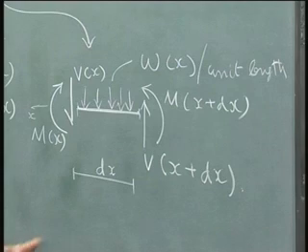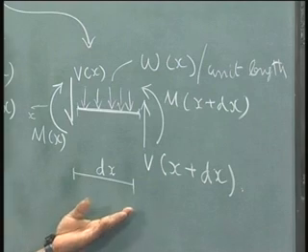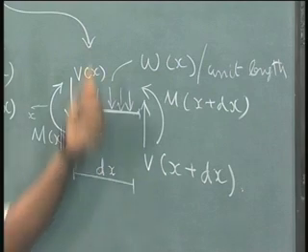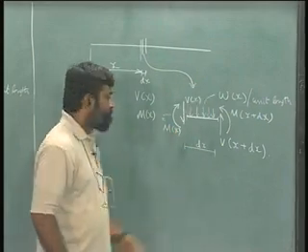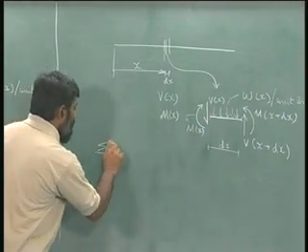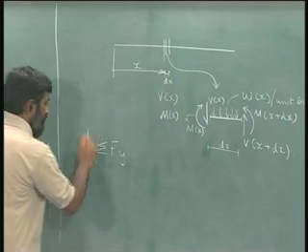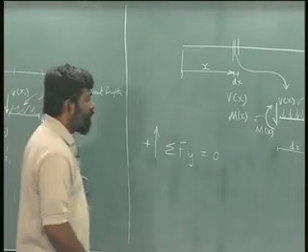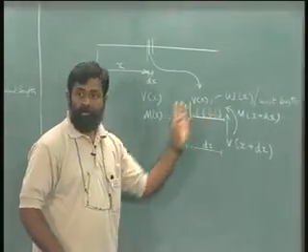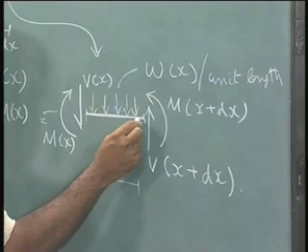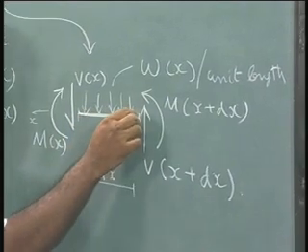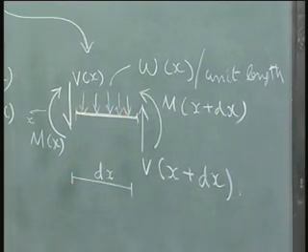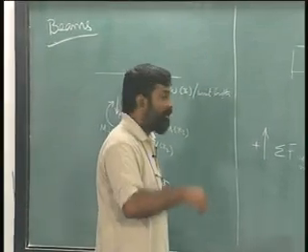What all equations can we write from this? Definitely one equation that I can write is vertical equilibrium. Sigma F along y, let us say upward like this is positive, equals 0 if it is in static equilibrium. The other is bending moment about a particular point. I can choose a center or one of the edges and find out the equilibrium of that.